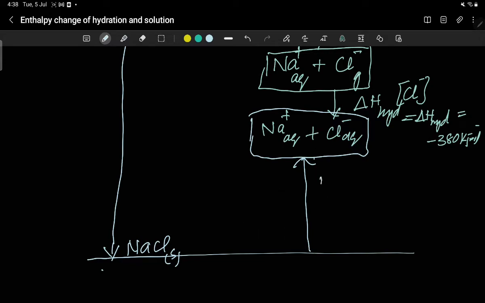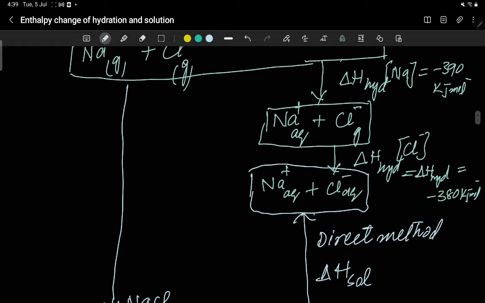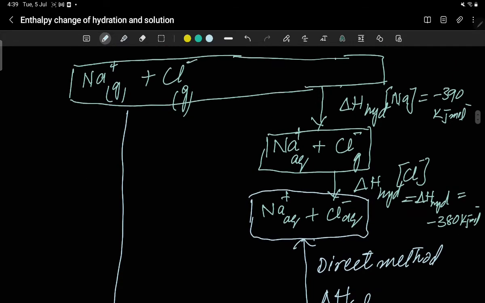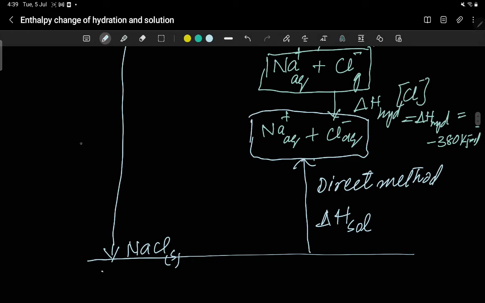This is the direct method, and this is delta H solution, and this is gaseous ions forming the ionic solid. This is the indirect route. In the direct route, you know that 1 mole of ionic solid dissolves in excess water to form an infinitely dilute solution, sodium aqueous and chloride aqueous.